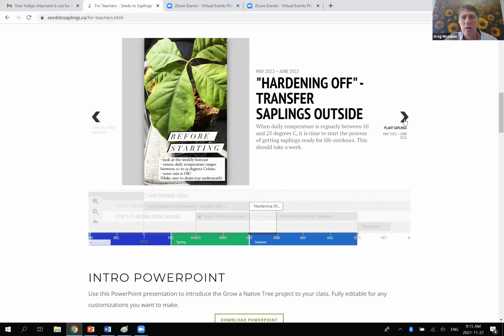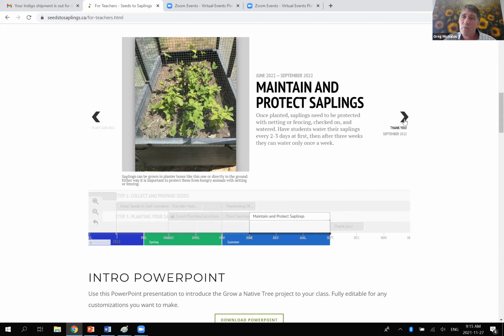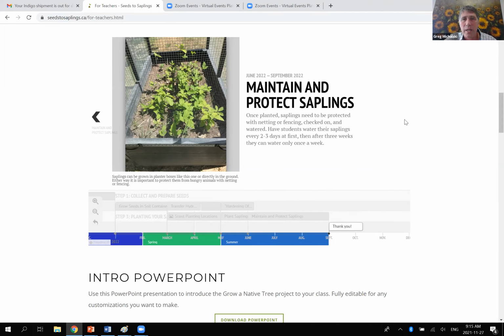A few weeks of that, and then you can just leave them outside as the weather gets nicer. Then, of course, you can plant them in the spring, or in the fall. If you want, you can grow them for an extra season before you plant. So there are many options in terms of the planting.